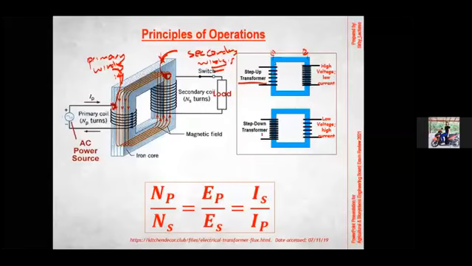But if you have a transformer that decreases the value of the voltage, then that's what you call a step-down transformer. Note that this is in terms of voltage and amperes, and right here we also have voltage and amperes in these windings, but in terms of energy, they're just the same.